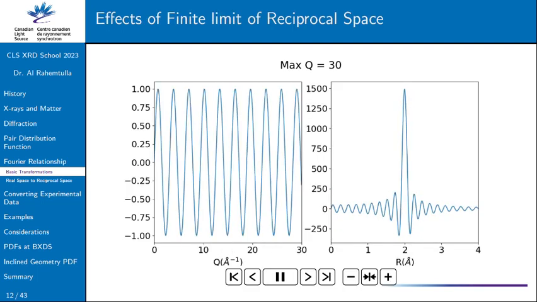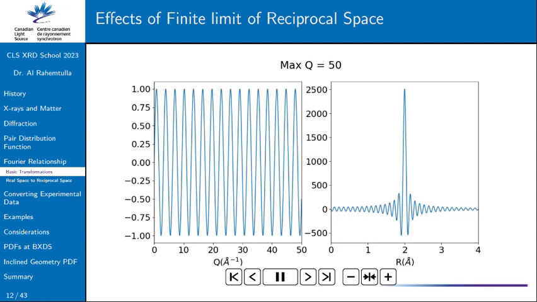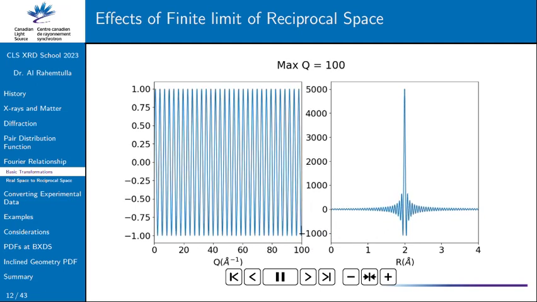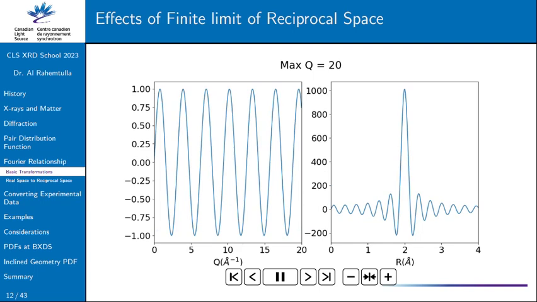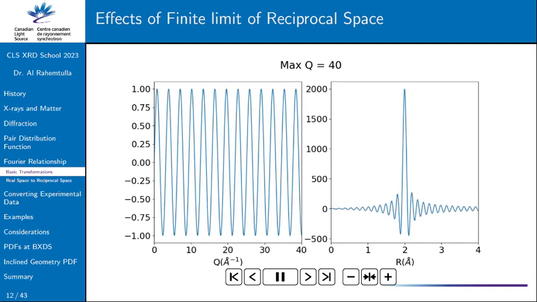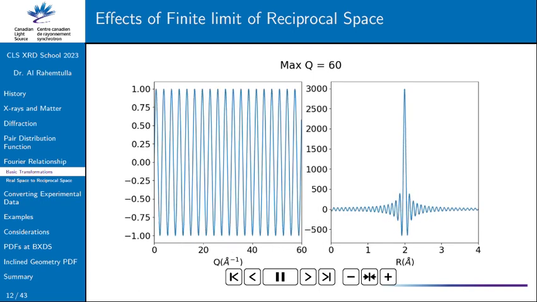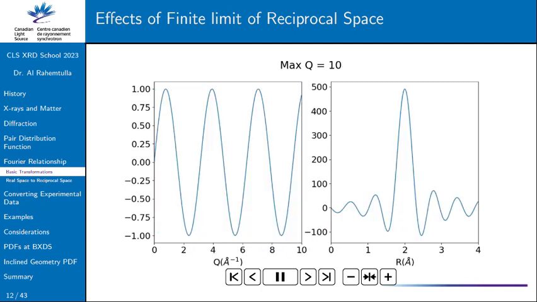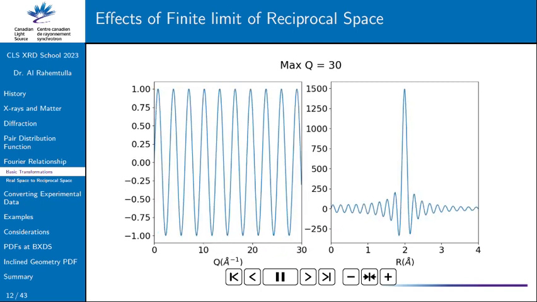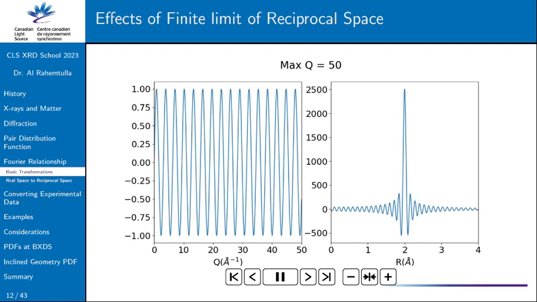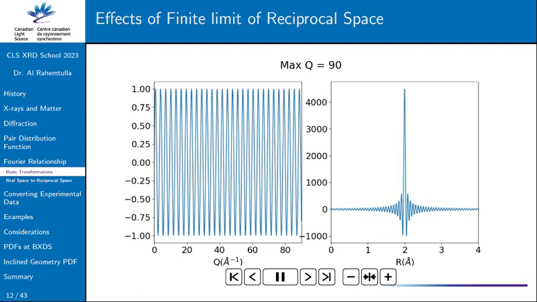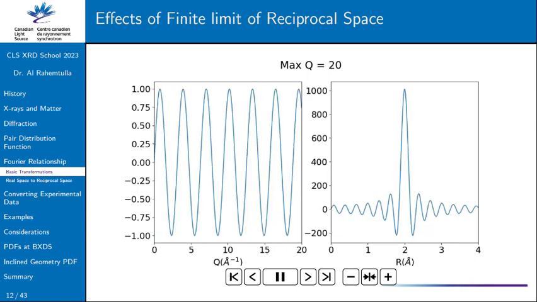In more complicated terms, if we start considering the finite size, what we actually get is a convolution with a window function. So now we have to deal with the finite size as to how far out we go. And so what we're seeing here is something called a sinc function being convoluted with our delta function. So these ripples are something that you can often see around your peaks in a PDF. And this is a result of not integrating out far enough into your function.